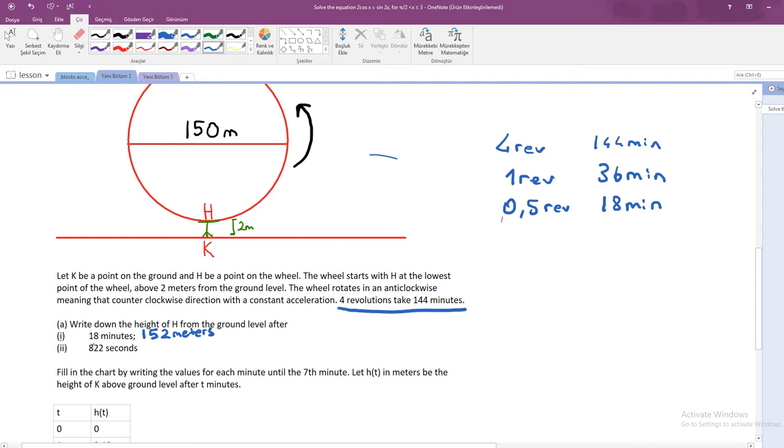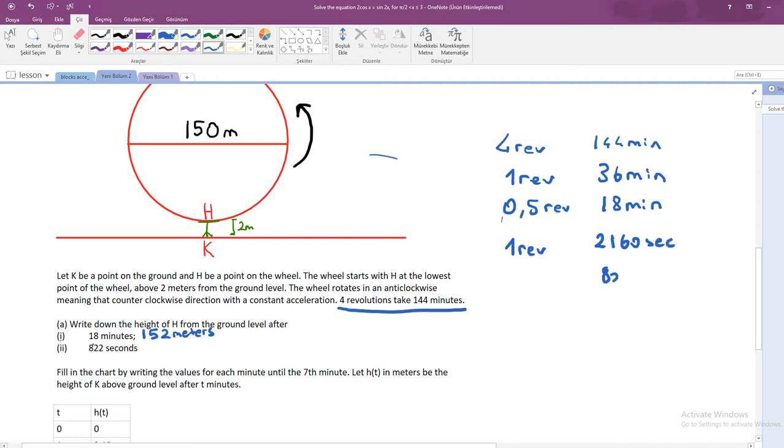What about after 822 seconds? So it's easy. For 1 revolution, how many seconds is it? Let's calculate on our calculator. 36 times 60 equals 2160 seconds.